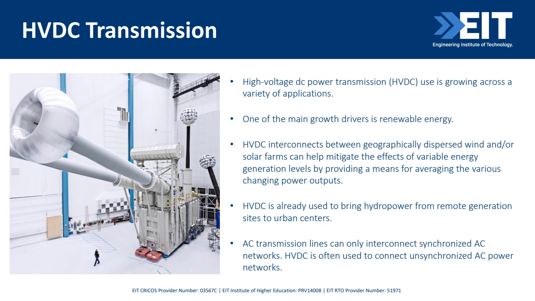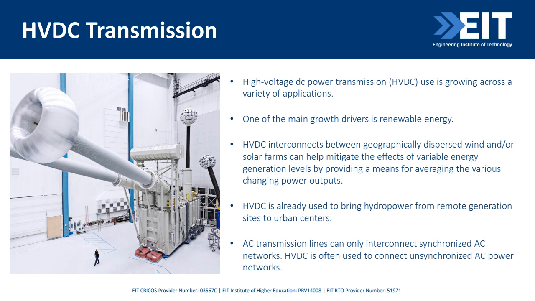HVDC is also important for geographically dispersed projects, like I mentioned, solar farms, wind farms, and can help mitigate the effects of variable energy generation levels by providing a means of averaging the various changing power outputs. That means we can have several different solar farms interconnected at different locations on the same transmission line, and it has minimal effect on the transmission line.